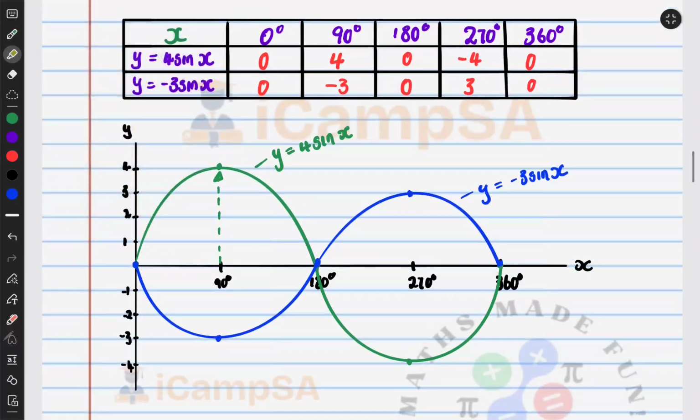Remember that the value of a introduces the vertical stretch, so it stretches the function further away from the x-axis. So if it becomes bigger and bigger, the function would be stretched much more away from the x-axis. Hence why our a here is equal to 4.